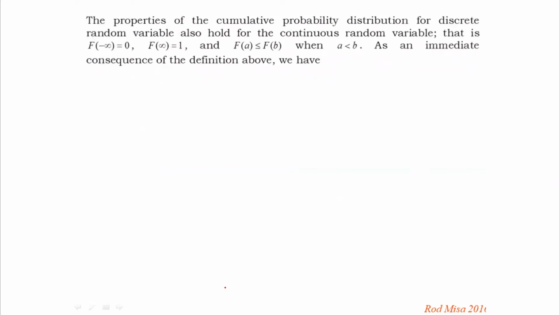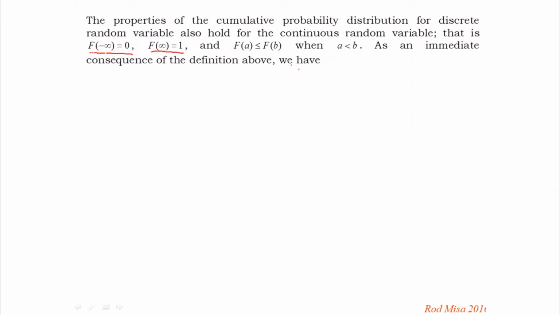Now, take note that the properties of the cumulative probability distribution for the discrete random variable also hold for the continuous random variable. That is, the cumulative distribution function value of negative infinity is 0. And also, the cumulative distribution function value of positive infinity is 1.